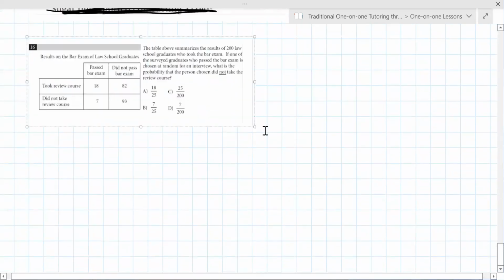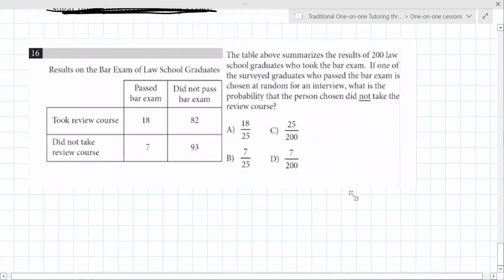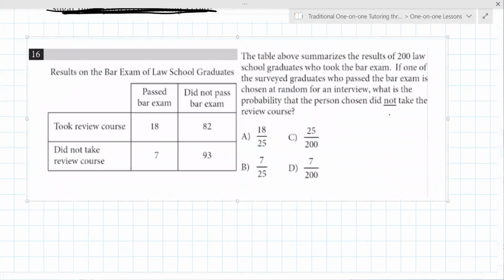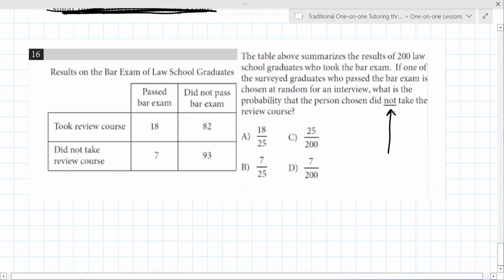All right, so here's a problem to try on your own. It's very helpful that they tell you the word not, so just pay close attention to that, please. But go ahead and see what you come up with for that answer. The table above summarizes the results of 200 law school graduates who took the bar exam.